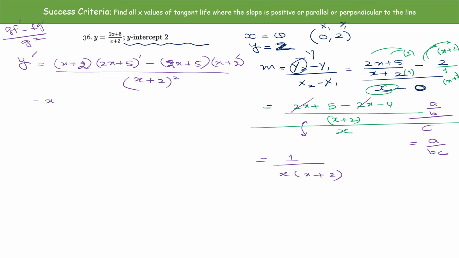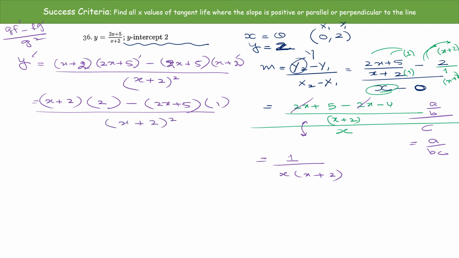So x plus 2 as it is, derivative of 2x is 2 and derivative of 5 is 0. Minus 2x plus 5 as it is, derivative of x is 1 and of 2 is 0. And the denominator stays as it is.